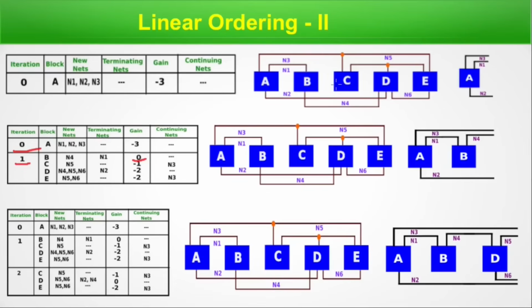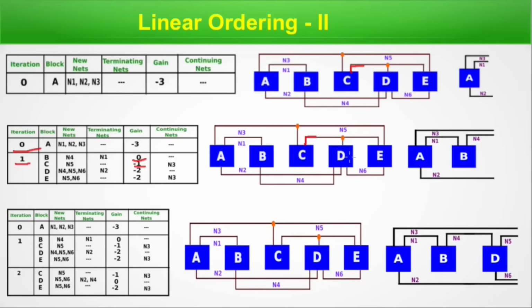C is N5. In case of that, new net is N5. Okay, we do it the same thing, N5. And continuing net, that is N3, this one continuing. So here C has gain -1. In case of D, there are 3 new nets here, N4, N5 and N6. And terminating net is N2.